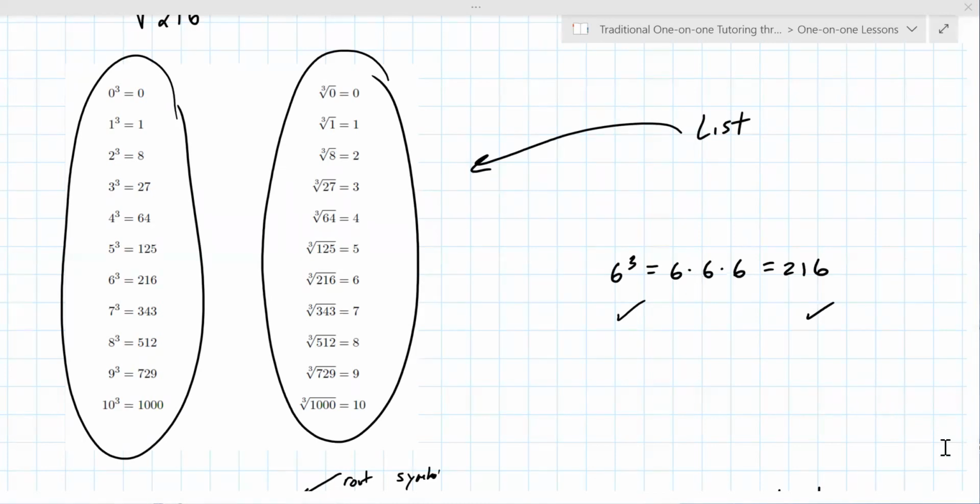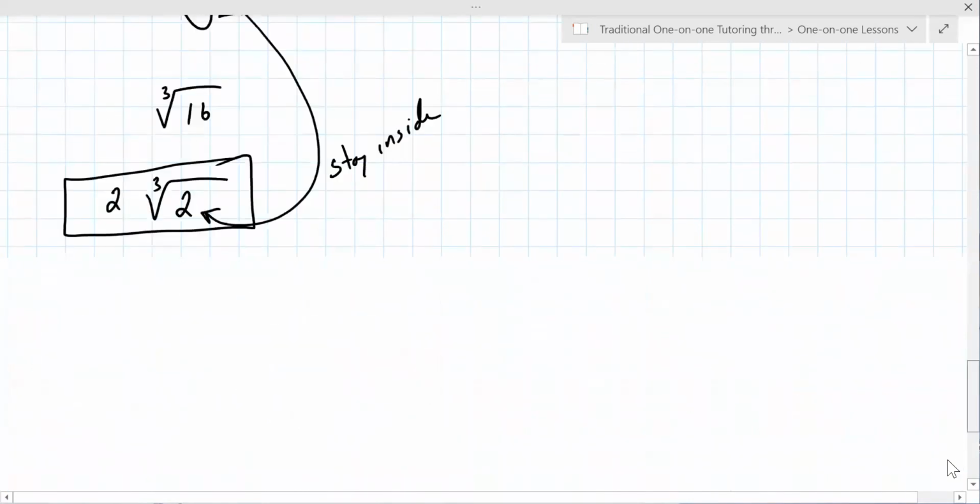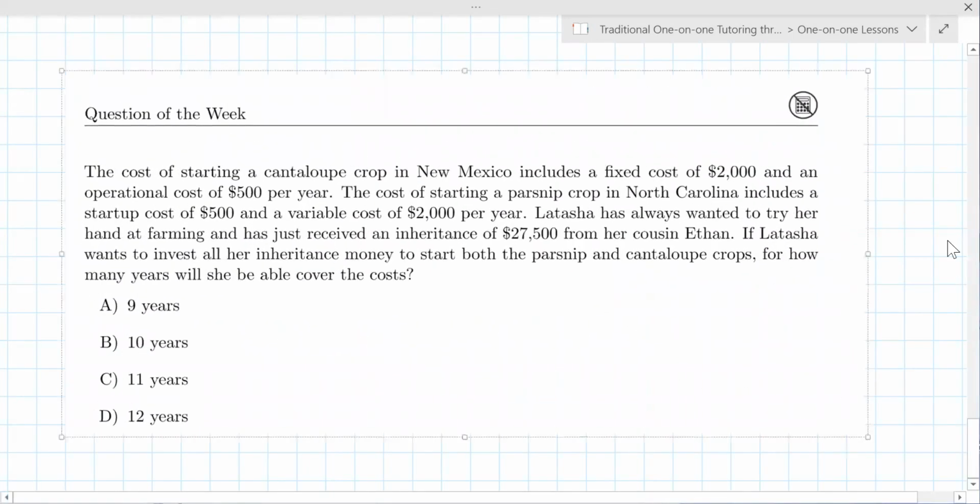Okay, let's do our practice here for standardized testing. Let me have you work on this week's question of the week. What I wanted to ask you before I put it up here is, do you want to give the question a try, or do you want me to show you the skill that you need to be able to do this problem? I want to try it first. Okay, very good. Let me snip this in. I want you to take 3 minutes here and see if you can work on this on your own.